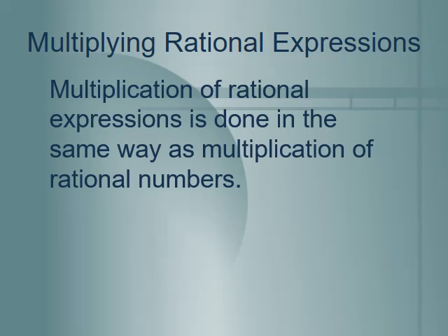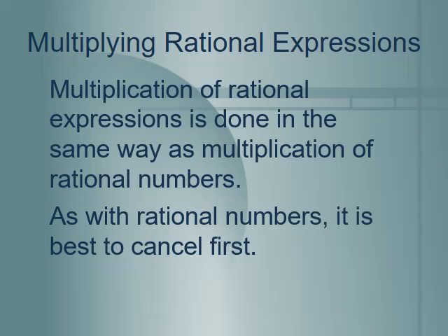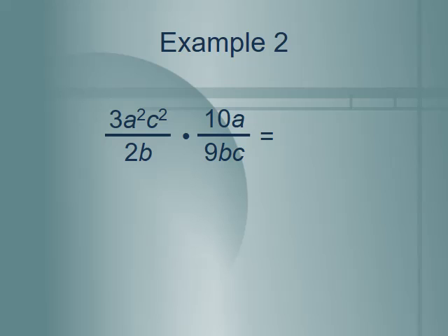So let's look at rational expressions where we have more going on than just numbers. You can still cancel first. So let's look at some things we might be able to cancel when we're cross reducing. So we can reduce our 3 and 9. We can also reduce our 2 and 10.